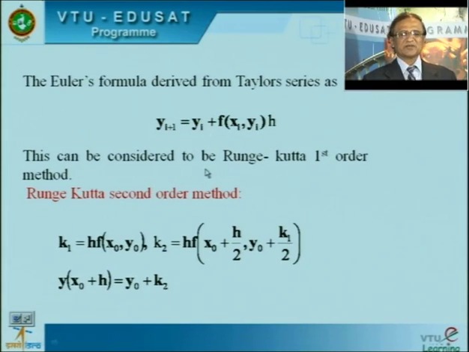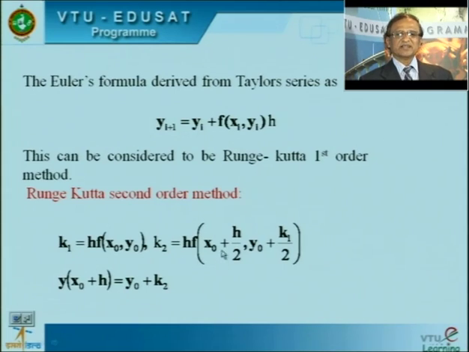Now, in exactly the similar way, we can define the second order Runge-Kutta method. How are we going to define it? Sometimes we write k1 is equal to h into f of x naught, y naught. They will give a differential equation containing f of x comma y. x can be replaced by x naught, y can be replaced by y naught, and h is the step size. Using these values I can calculate a constant called k1.